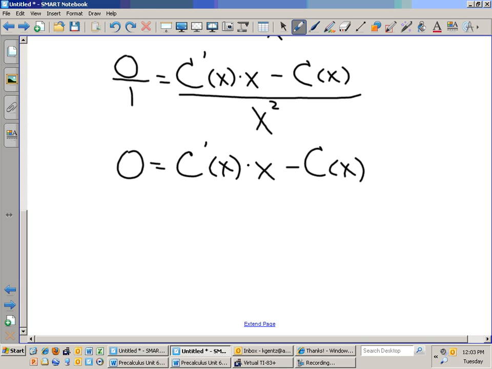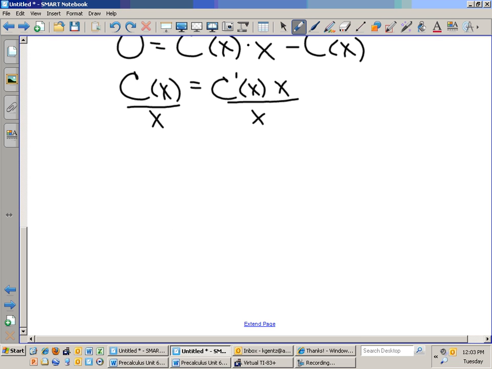Watch what I'm going to do here, okay? I'm going to add this over. I get c of x is equal to c prime of x times x. And if I divide both sides by x, here's what I get. c of x over x is equal to c prime of x.